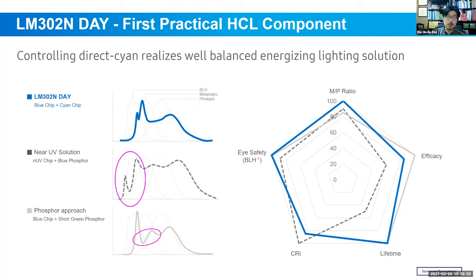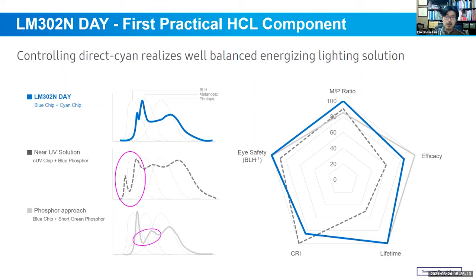Lifetime-wise is no problem. However, the CRI is just similar to what we achieved with the LM302ND, and the eye safety doesn't become much of a problem. The only problem with the third approach is that it's just similar to conventional white LED light.